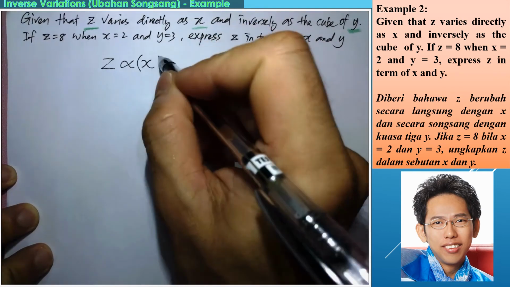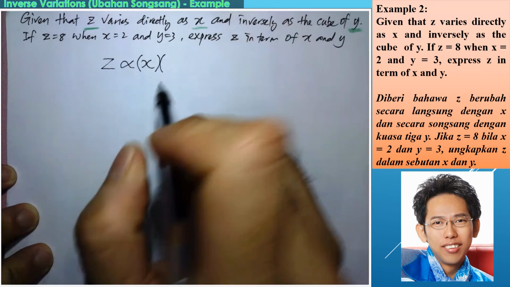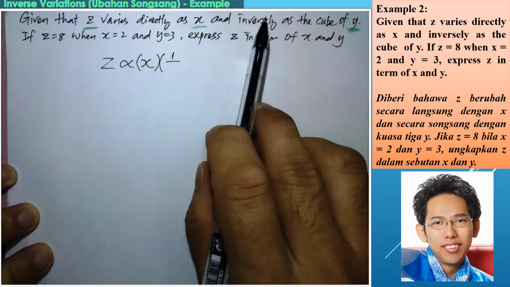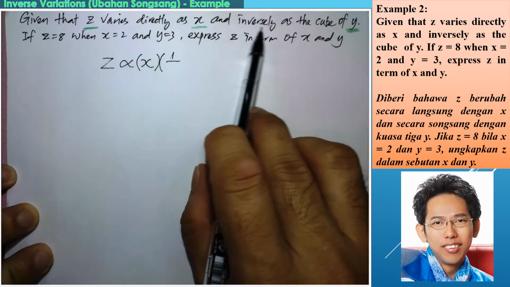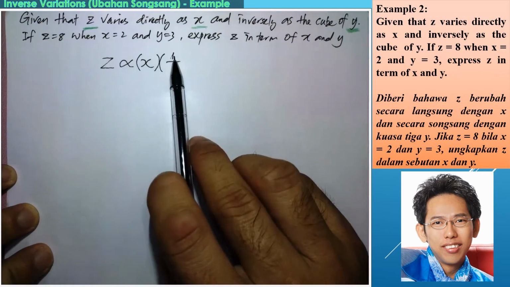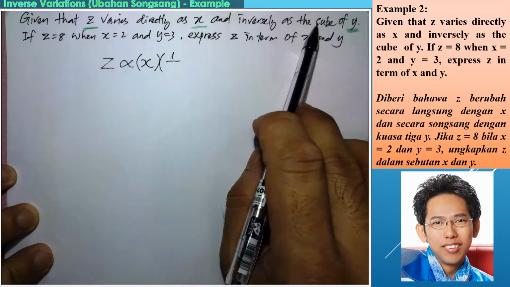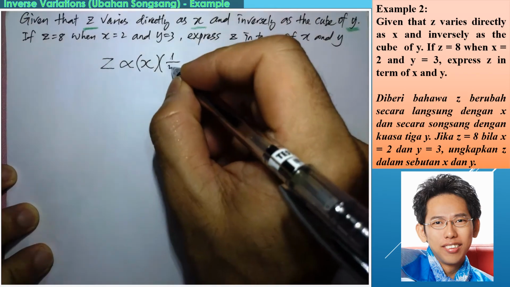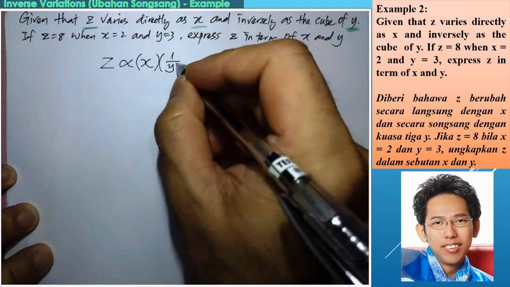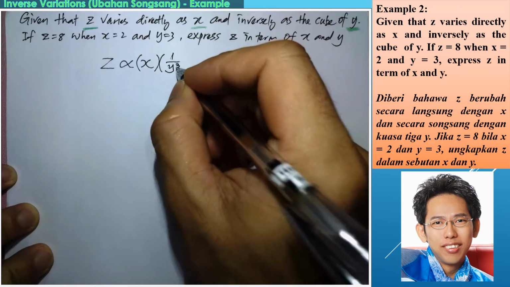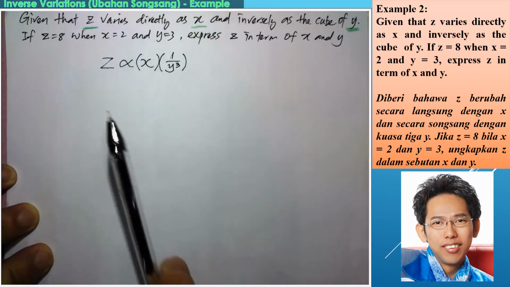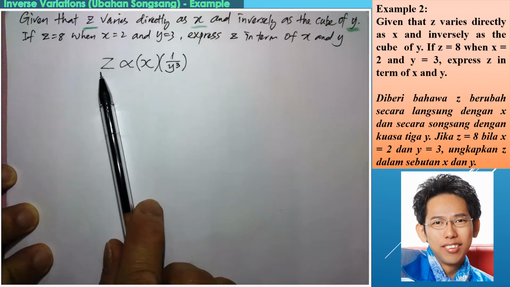So inverse is 1 over because this is inverse. So need to put 1 over Y, but cube of Y, kuasa 3Y. So Y kuasa 3. Okay, so this one is the expression, ungkapan ubahan.